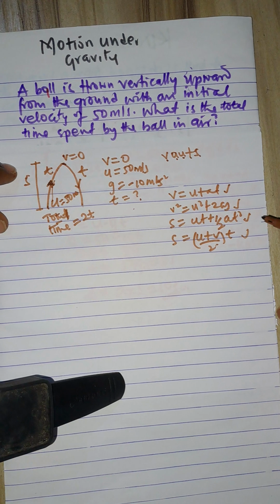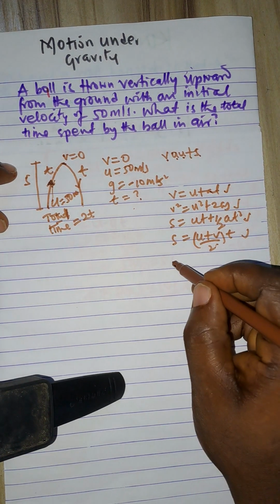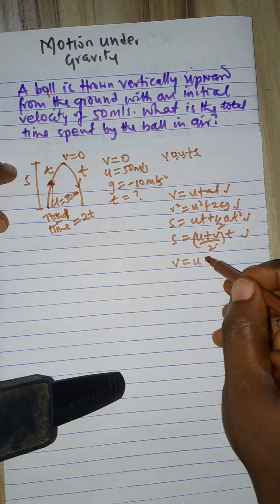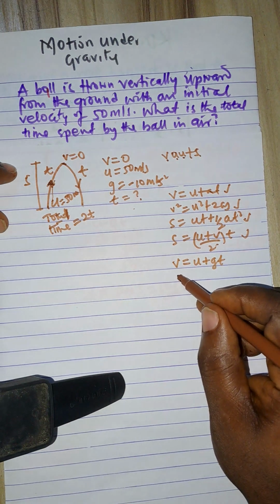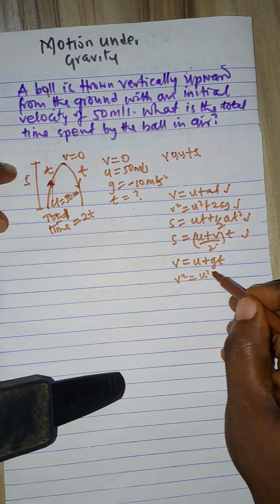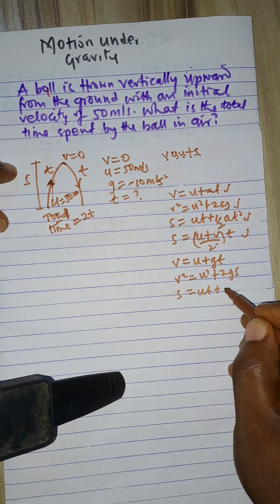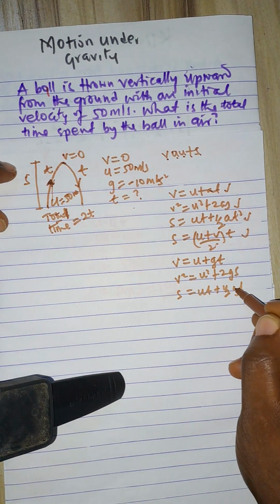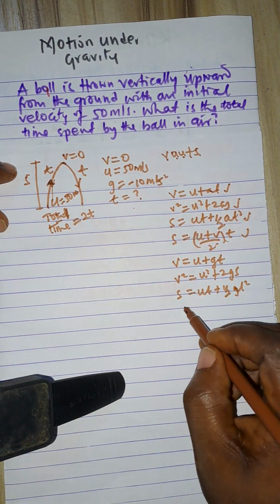Now, this is motion under gravity. So the linear acceleration changes to the gravitational field intensity of the Earth, which is g. This is acceleration due to gravity. So v squared becomes u squared plus 2gs, s equals ut plus half gt squared, and of course, this last one remains what it is.